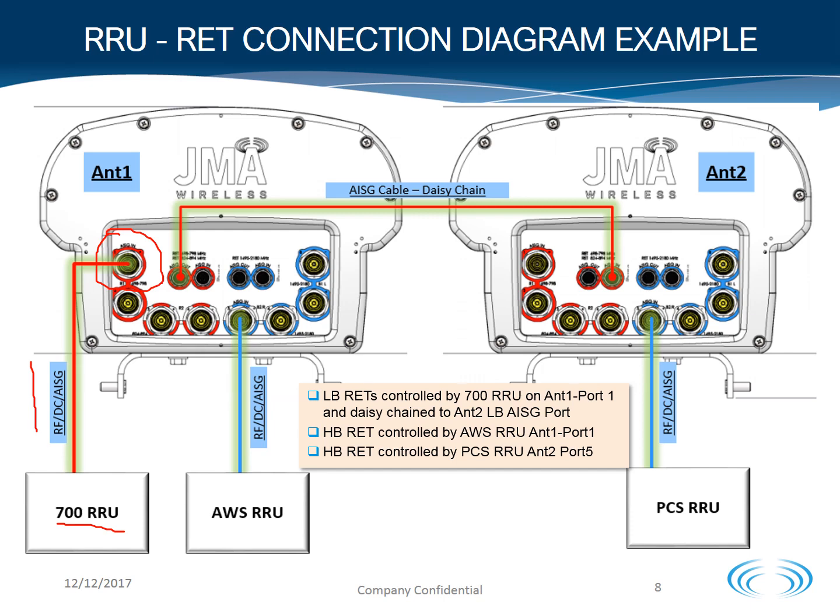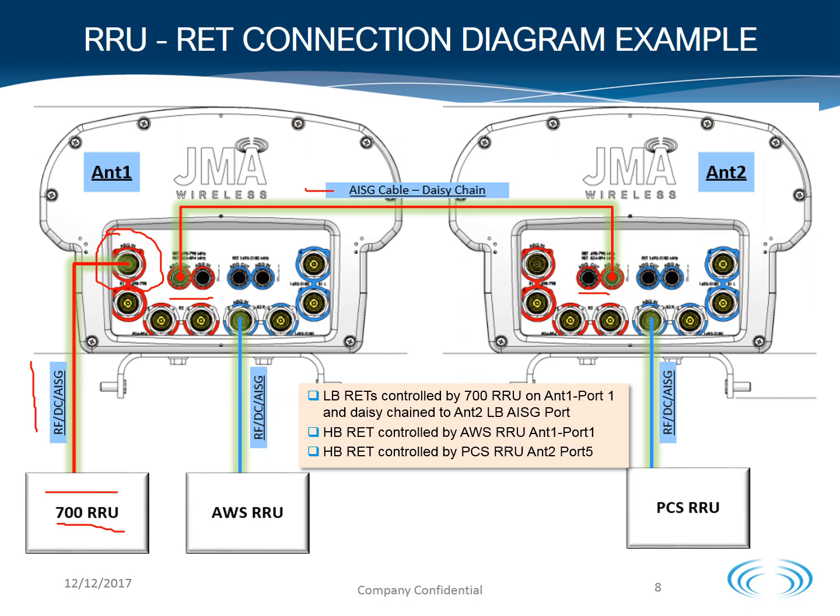RF port 1 will extract the DC and AISG signal from the radio and pass it on to the internal RETs. The low band RETs on antenna 1 is daisy chained with an AISG cable to the low band RETs on antenna 2. So both set of low band RETs on antenna 1 and antenna 2 will be controlled by the 700 RRU.